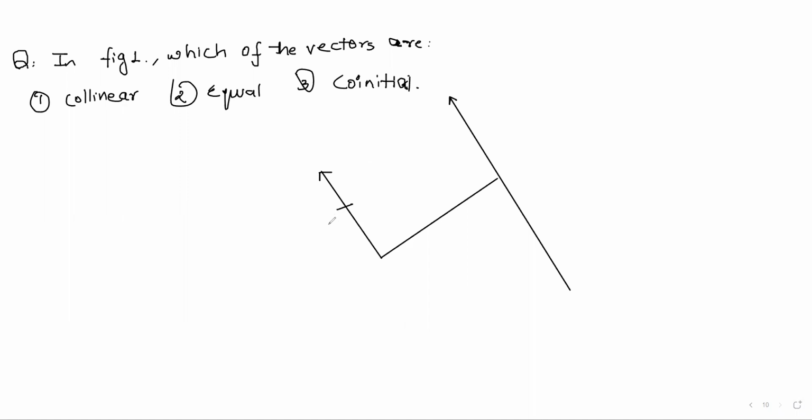So this is A, this is C, this is B, this is D. You can take this as 1 unit, so from here to here is 1 unit. Now please send me the answer on the chat box: which are collinear vectors, which are equal vectors, and which are co-initial vectors.